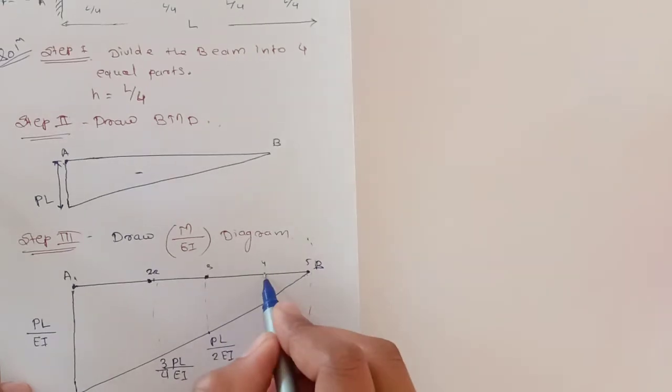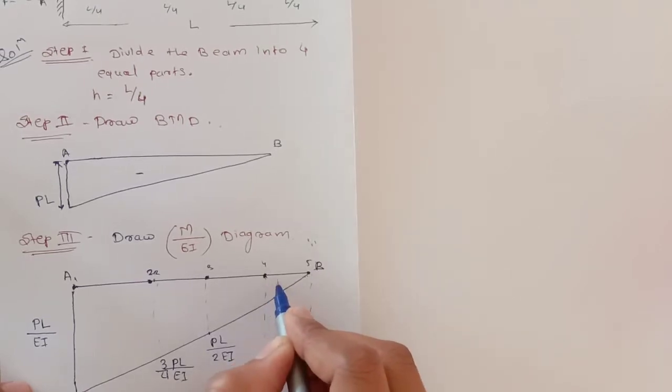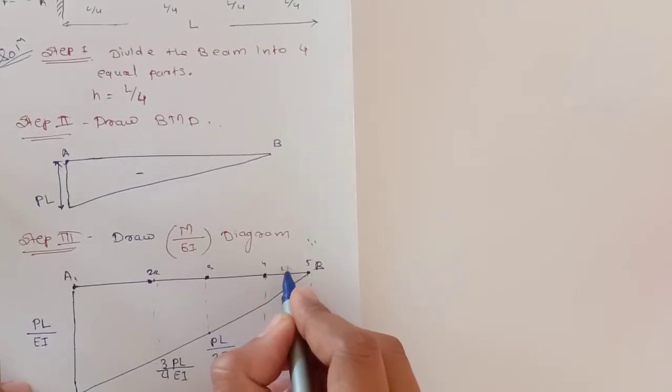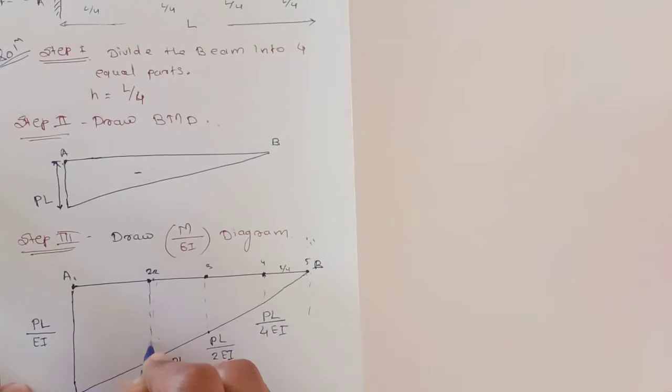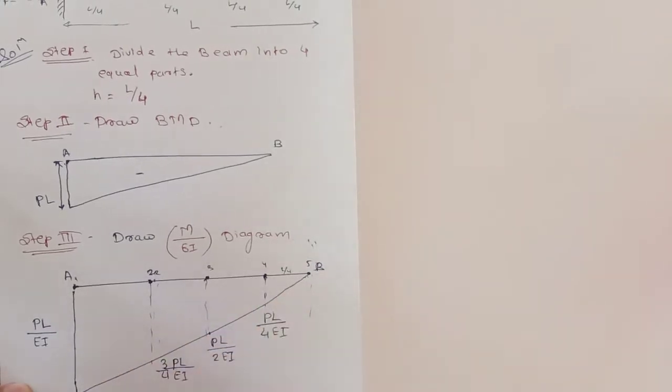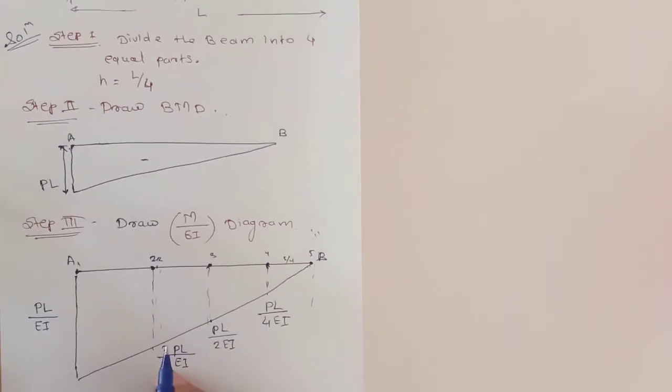Next, take the moment at point 4: here the distance is L by 4, that means PL divided by 4EI. So this is our M upon EI diagram, and this point is PL divided by EI.